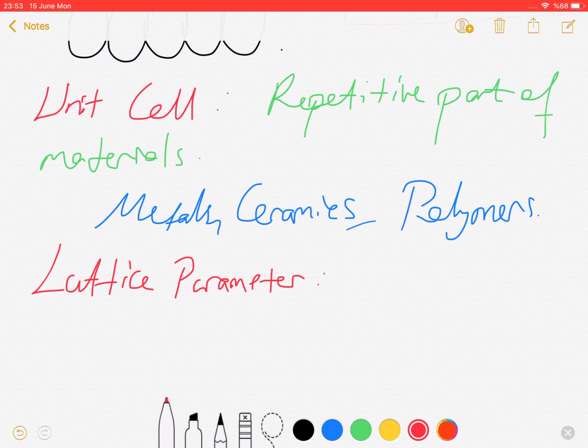Actually, lattice parameter is the repeat distance in the unit cell. Repeat distance in the unit cell.